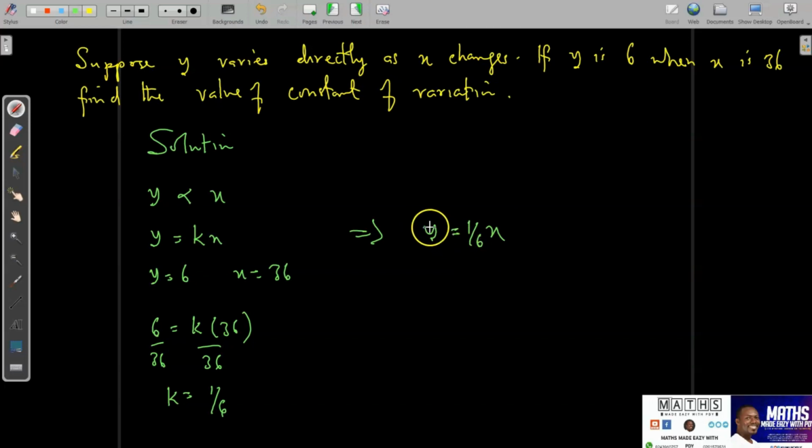So meaning that anytime you know your x value for future references, when you multiply by 1 out of 6, you automatically generate your y value. Or if you know your y value and you want to find your x value with 1 out of 6 as your constant of variation, you'll be able to find the other. So that is a relationship between y and x based on our question here.